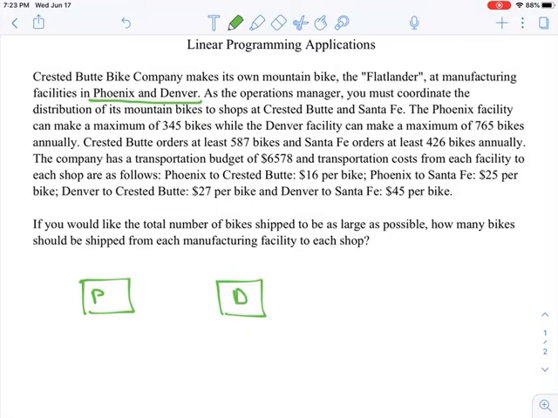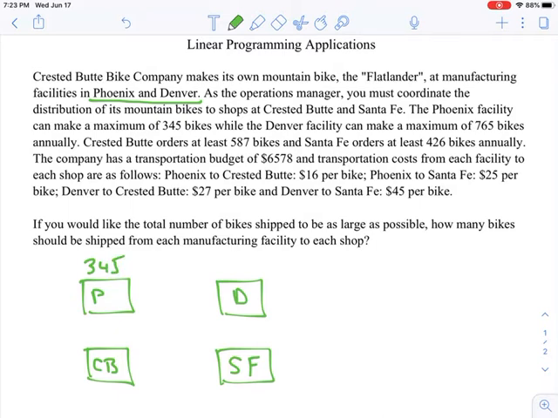And the bikes need to be shipped off or distributed to Crested Butte and Santa Fe. This may look familiar because we did a similar problem, same basic idea, in the unit on linear algebra with the Maui Surf Shop. The Phoenix facility can make a maximum of 345 bikes. I like to put that number up there.